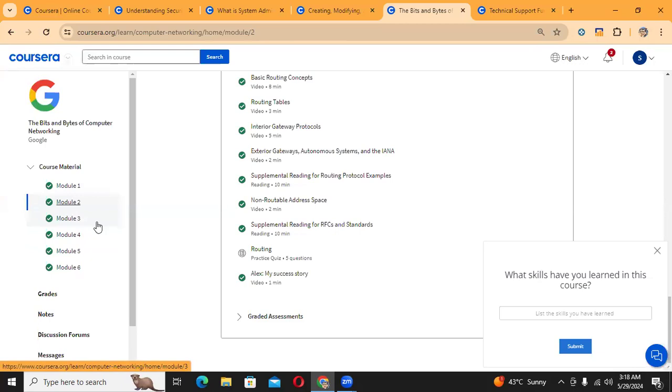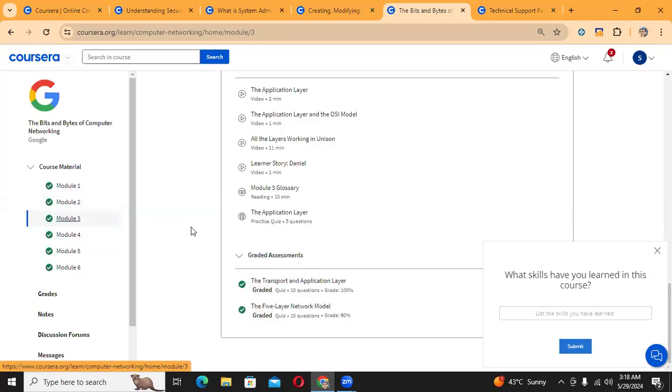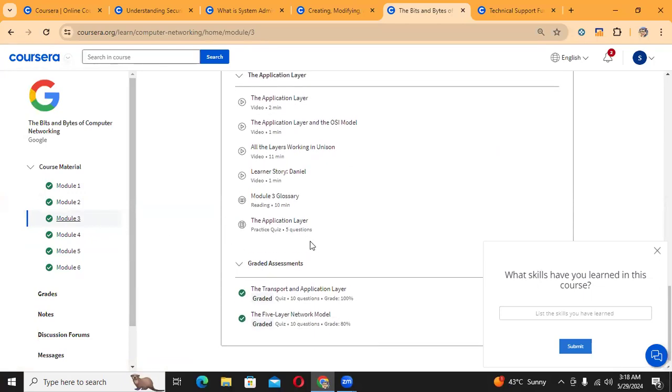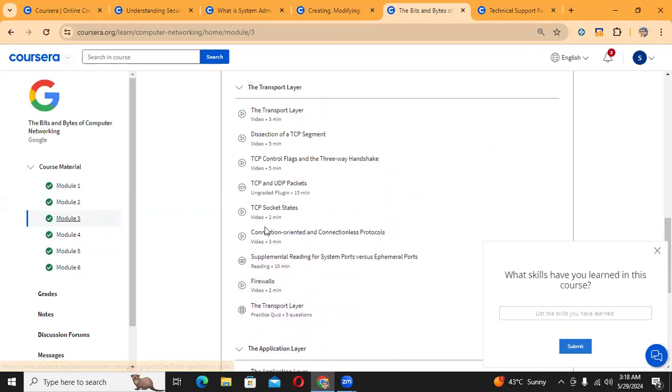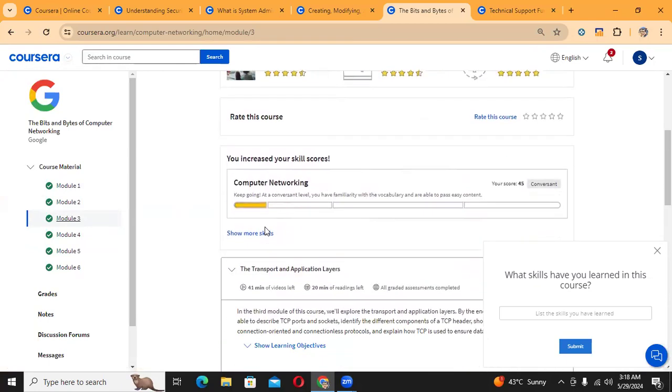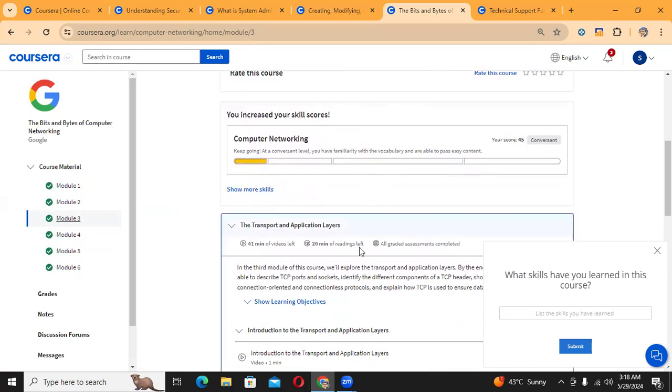So let's move on to the third module. Because I have a shortage of time, I'm sorry, I will not do any quiz from every module. So we have module three, which is about the transport and application layers.